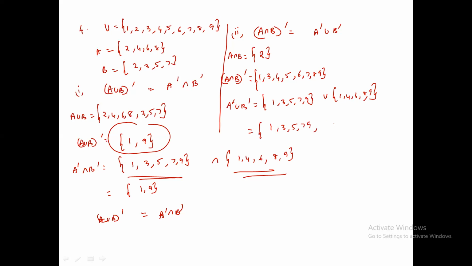Then I have to write 1 already written, 4, 6, 8. So you can see this and this are same. That means you have verified A intersection B whole dash is A dash union B dash.